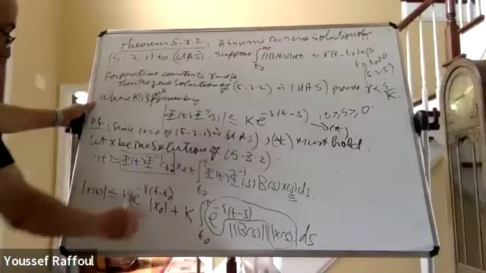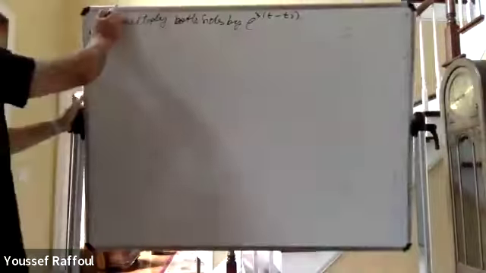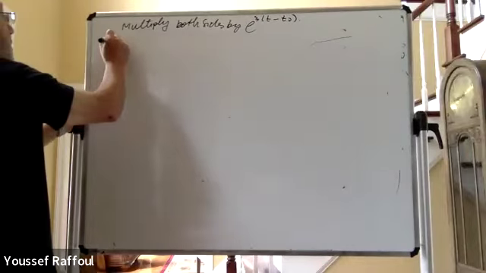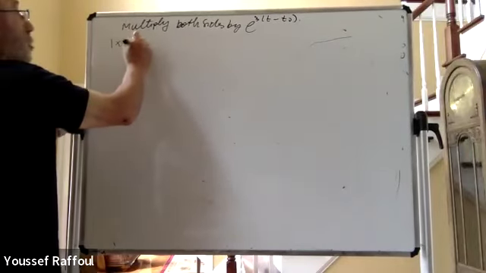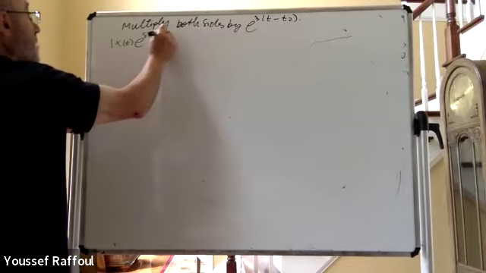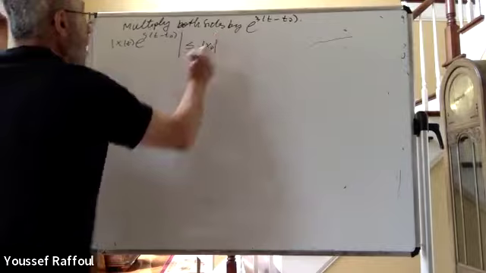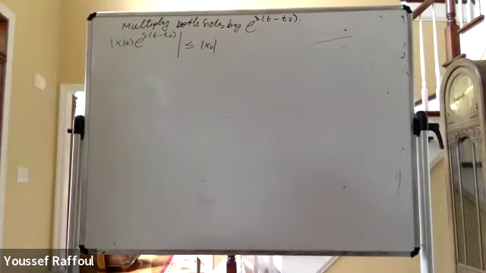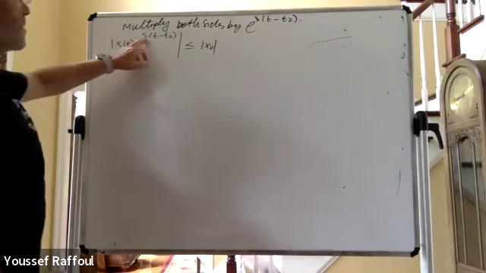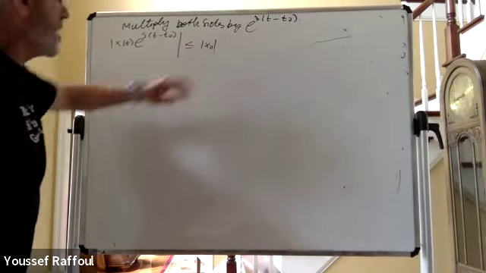And I'm talking about this one here. So we're going to get x of t e to the C (t minus t naught) less than or equal to x naught. There's nothing left because this is the opposite sign of the term here.